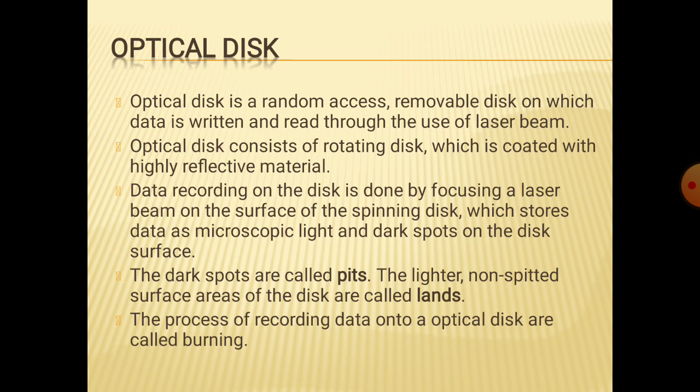The optical disk is a random access removable disk on which data is written and read through the use of laser beams. One more point to remember: as the read and write operation occurs in your hard disk, the disk rotates and the read write head comes in contact with the surface during a write operation.